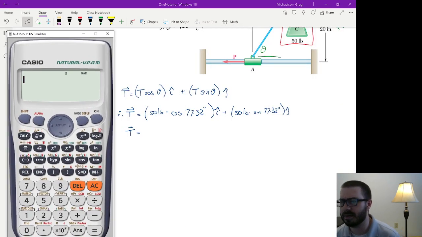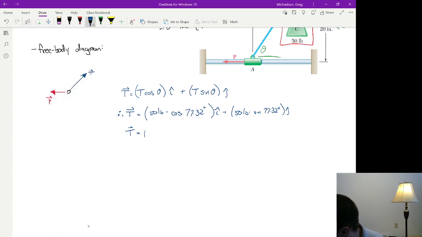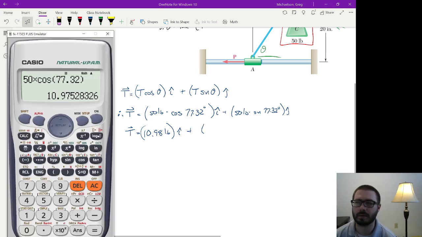There's our Casio, 50 times cosine, bam. So that is, let's see, 10.98 plus, I gotta click this.